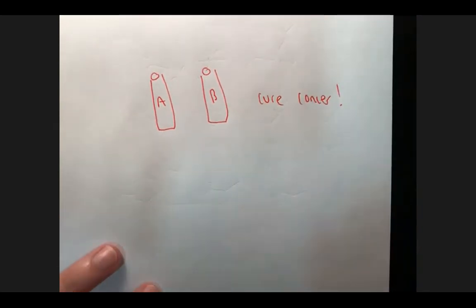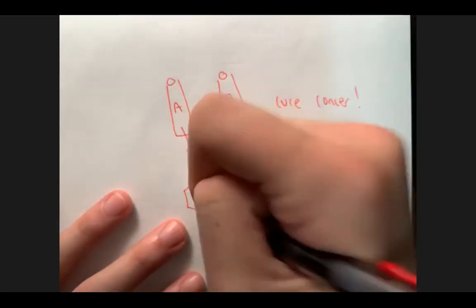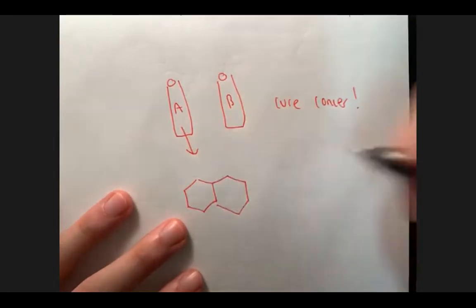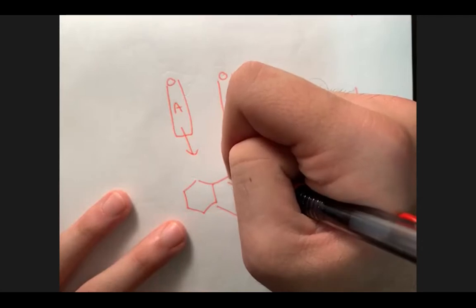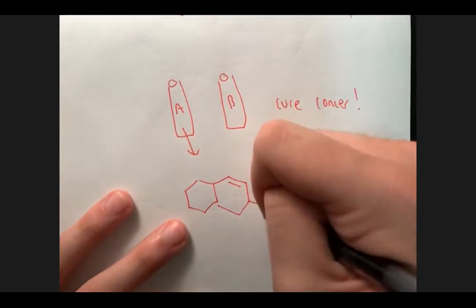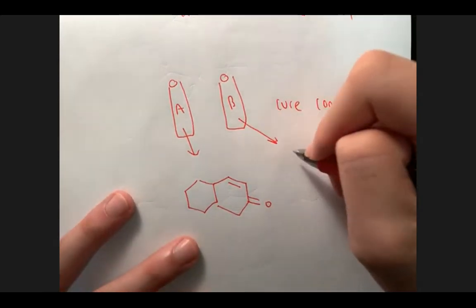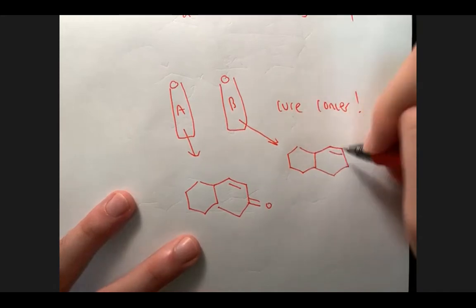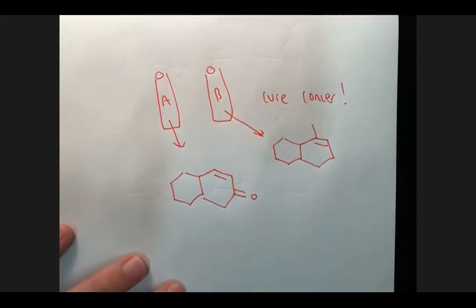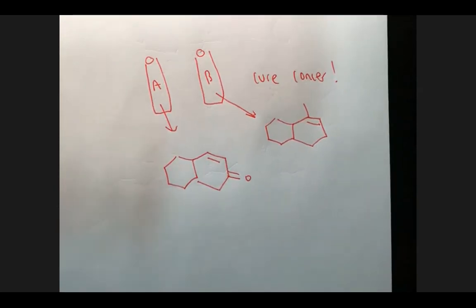Let's say in A, I have this molecule, and I'm just going to make something up. And then maybe in B, I'm going to have something similar. And I want to say, I know that the pathway in cancer to be cured is definitely going to be an SN1 pathway.